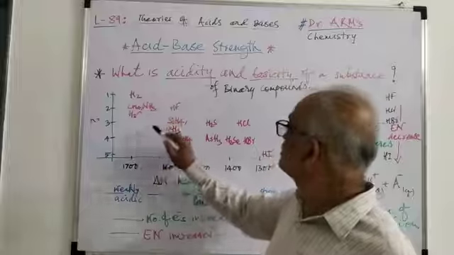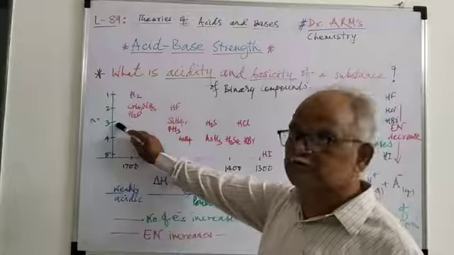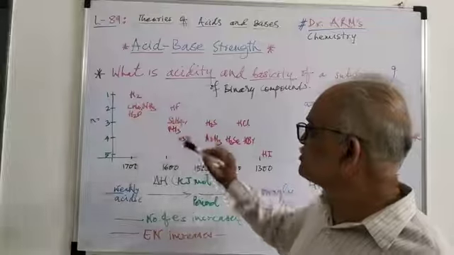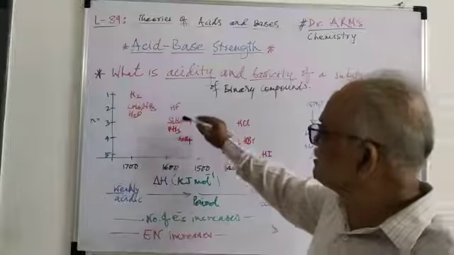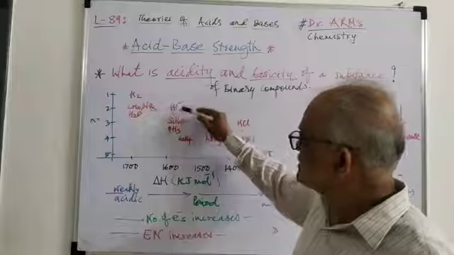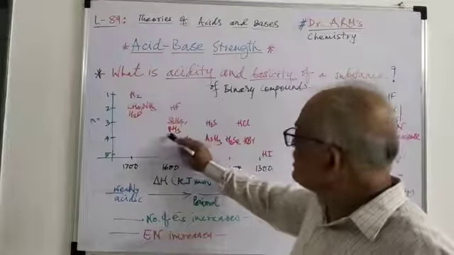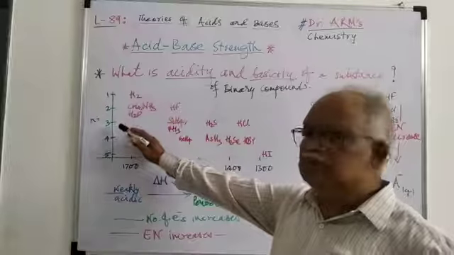Again, if we go to the third period, you will find SiH4 and PH3, which are relatively stronger acids compared to those on the left.